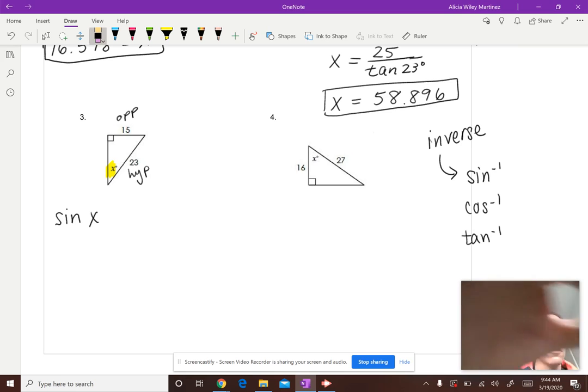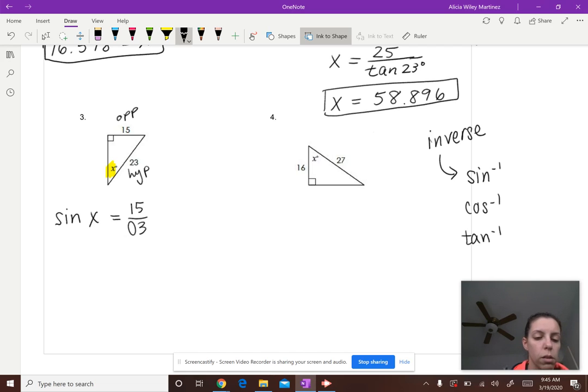So sine of x equals the opposite length, which they gave us, that's 15, over the hypotenuse, which is 23. So we have 15 over 23.